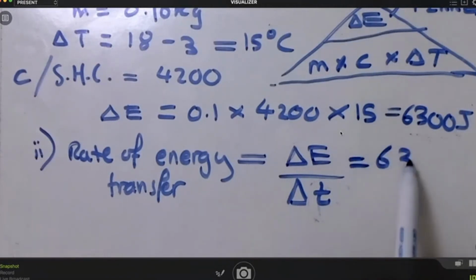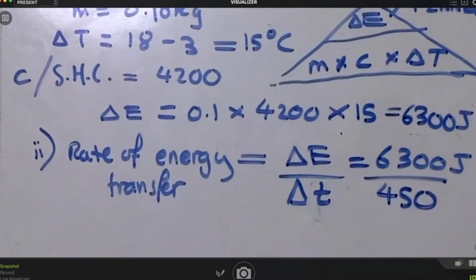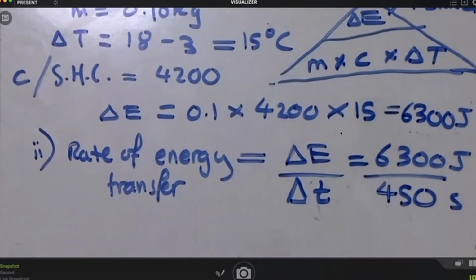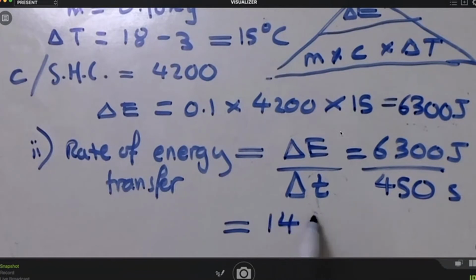We've worked out the energy, 6,300 joules, and the question tells us it does this in 450 seconds. So that's joules per second if we look at the unit. Again, plug that into your calculator. You should get something close to 14 joules per second.